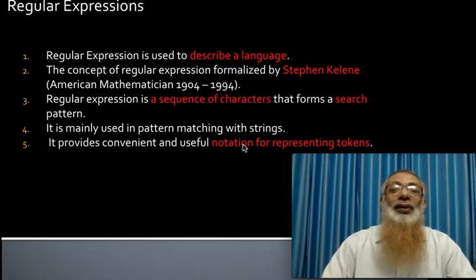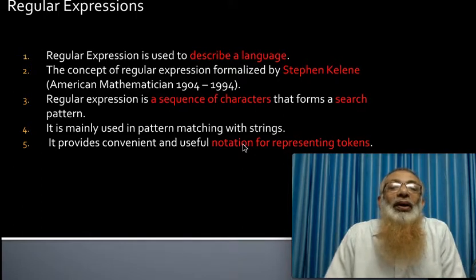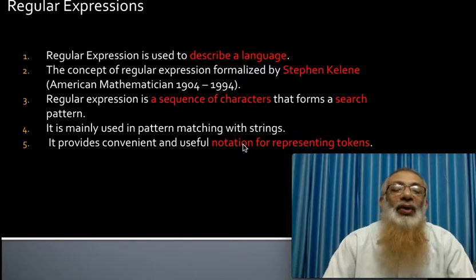We have seen how a regular expression is useful in syntax analysis. The entire language has to be expressed so that lexemes can be categorized as tokens.